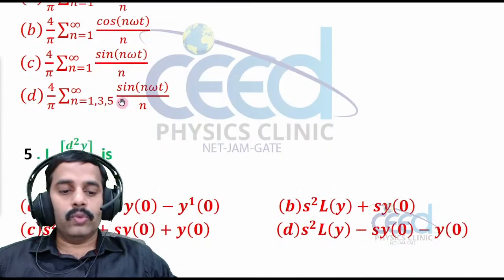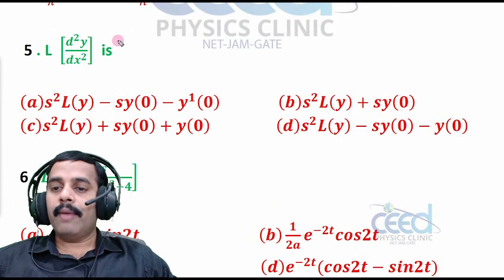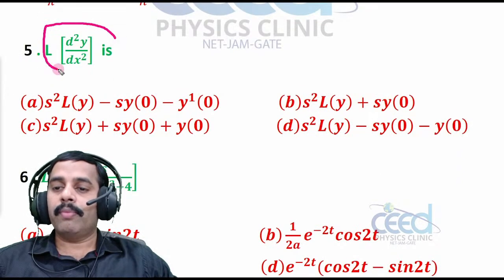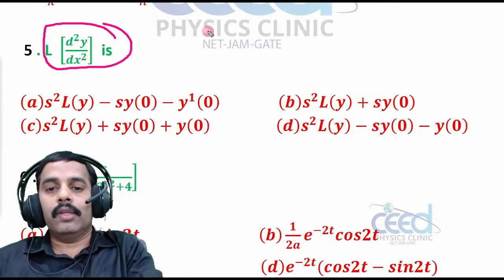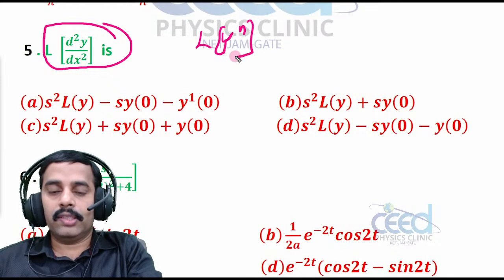Now let us go to another question. Laplace of d square y by dx square is the Laplace of the nth derivative, y raised to n. We have studied that y raised to n means the nth derivative.